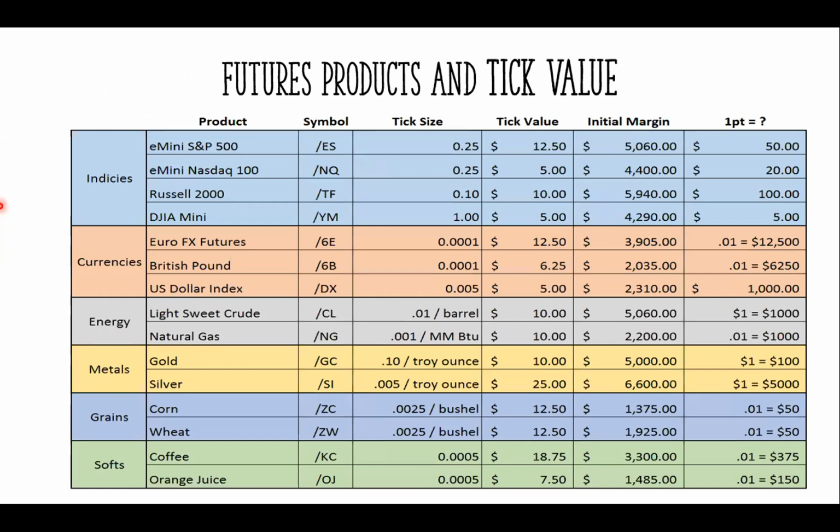So, futures products and tick value. Here we can see indices, currencies, energy, metals, grains, softs. The symbols that we'll be trading the most will be ES that you can see up here.